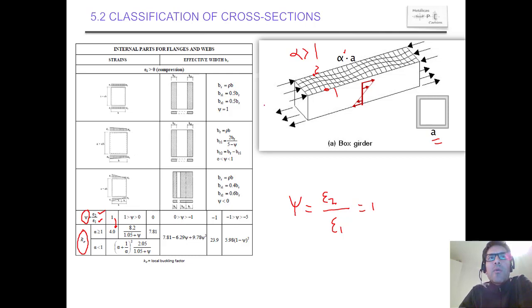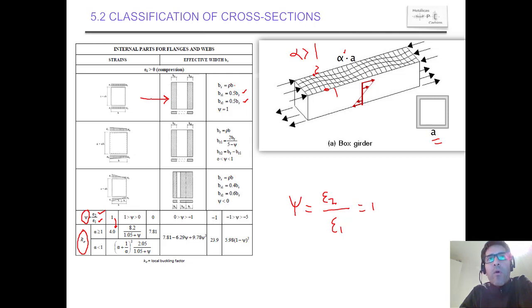So we are in this case in which the stress of the plate migrates from the center to the borders, and b_eff can be calculated as rho times the total b, and the proportion of the effective width, which is shaded in this plot, is half to one side and half to the other side.